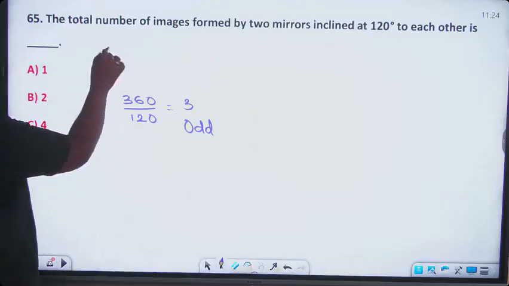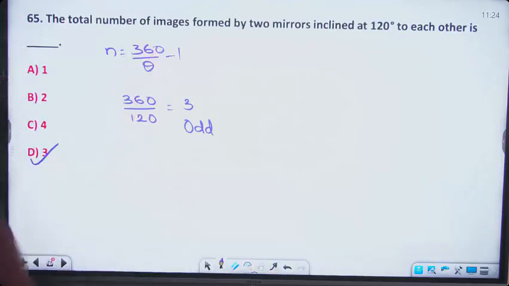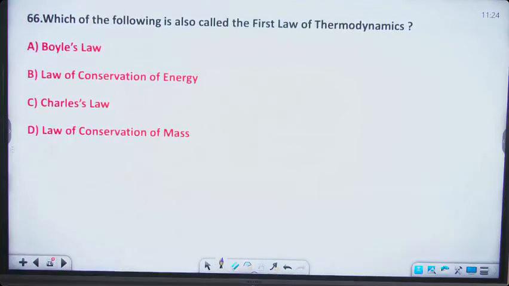What is the formula here? N equal to 360 by theta minus 1. If at all 360 by theta value is an even number, then in that particular case minus 1 is taken into consideration, or else not. Which of the following is also called the first law of thermodynamics, the law of conservation of energy?